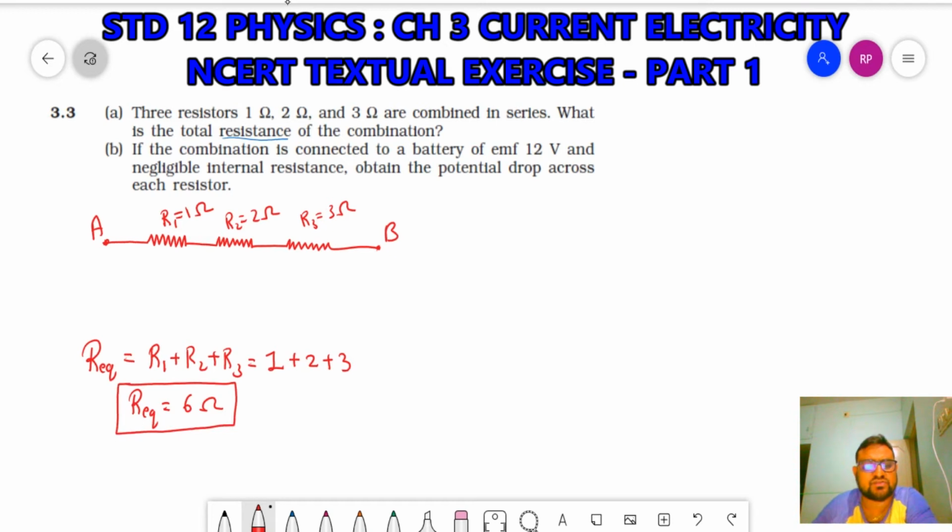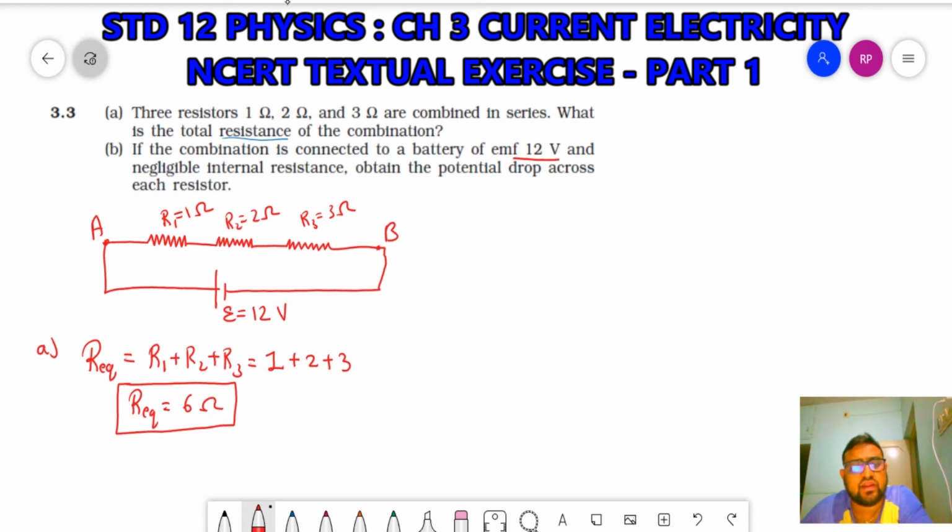Right, so this is the equivalent resistance. Okay, now B: if the combination is connected to a battery of EMF 12 volt, let us connect a battery having EMF 12 volt.